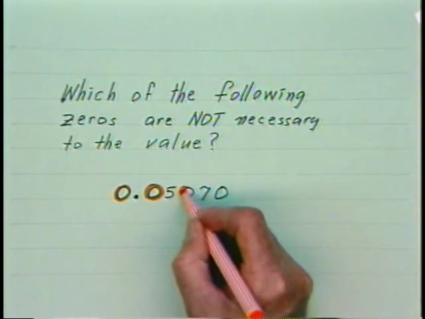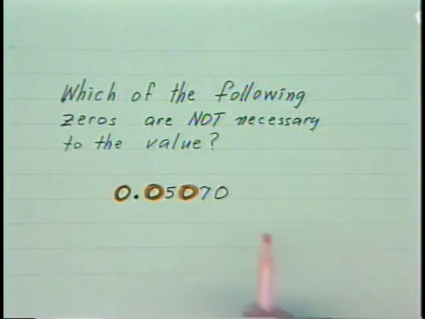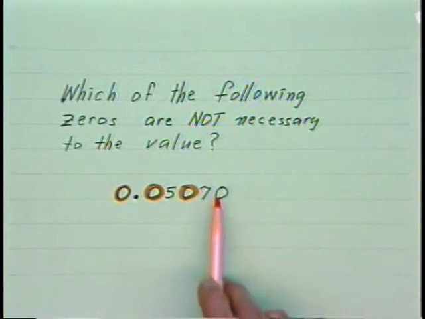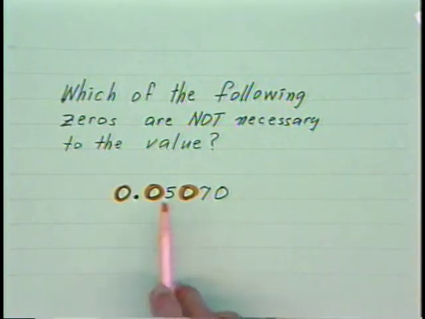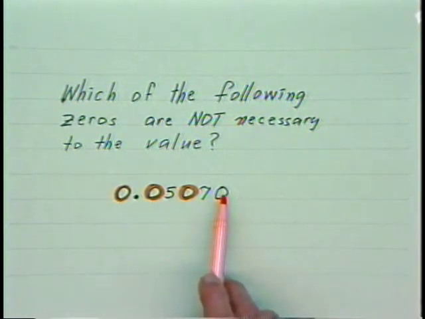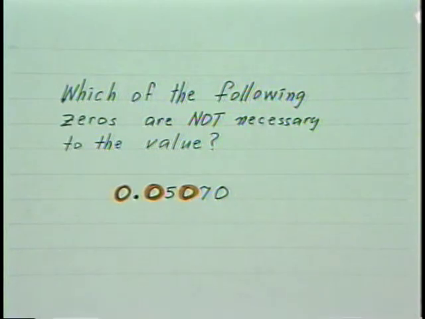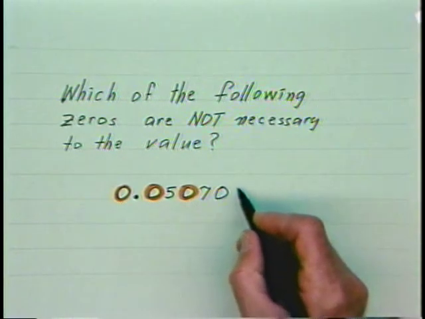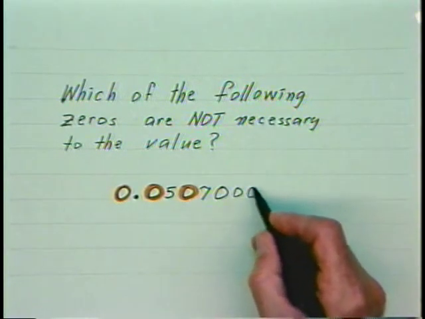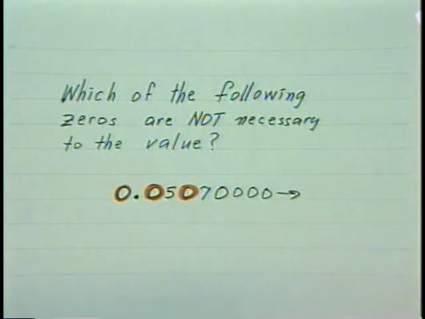And do you see that it's the same thing here? I need that. This one tells me I have no, can you name this place value? Let's see, tenth, hundredth, thousandths, 10,000ths, 100,000ths. So this says I have no 100,000ths. But for that matter, I have no millions, no 10 millions, and so on forever.